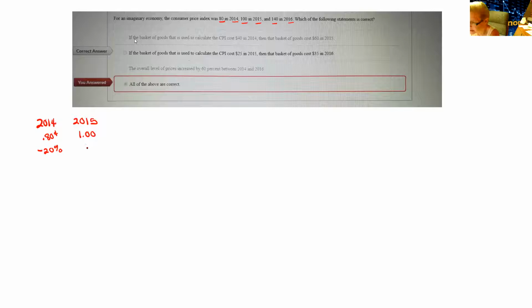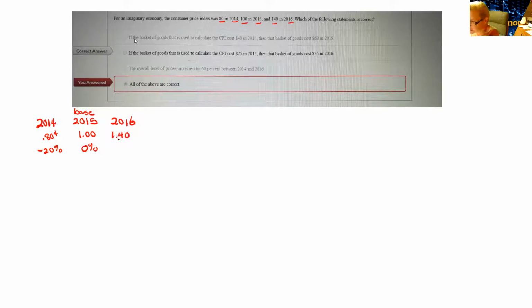So basically, prices didn't rise or fall in 2015 because that's our base year. That 100 is what tells me that. And then in 2016, you go down to the dollar store with $1 and it's actually costing you $1.40.